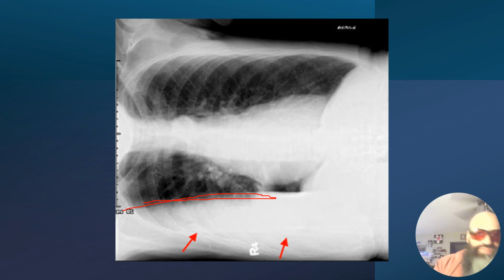So that is the importance of ordering a decubitus view when you have evidence of a pleural effusion or pulmonary edema on the PA view of the chest x-ray.